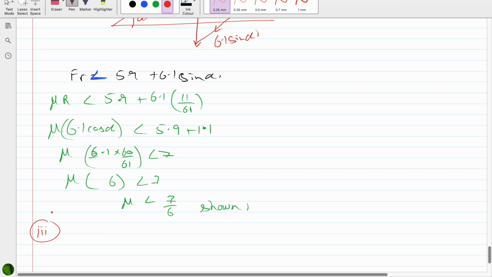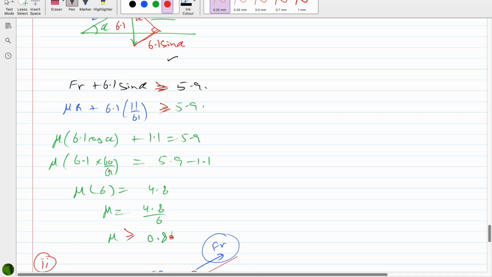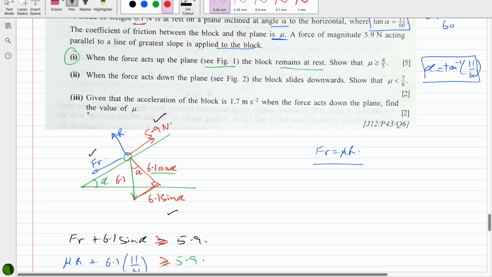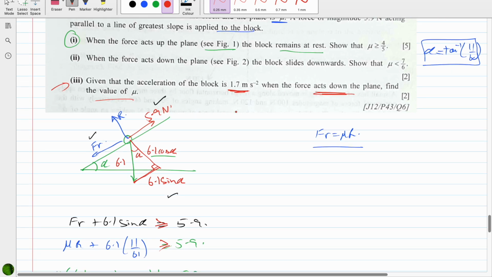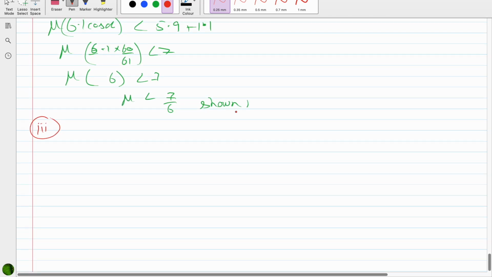Third part of the question. Given that the acceleration of the block is 1.7 meters per second squared when the force acts down the plane, find the value of mu. Acceleration is 1.7 meters per second squared when it is moving down. So when it is accelerating, I can say F net is equal to ma. Now net force means forward force minus backward force.